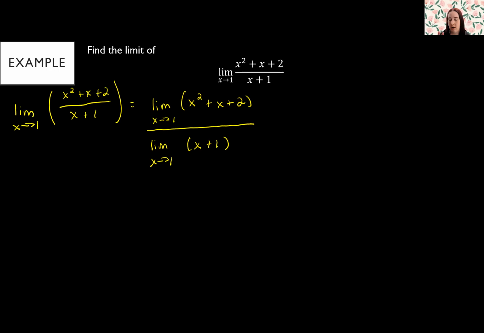So now that we've split this up, we have a polynomial on the top, we have a polynomial on the bottom, and we just found, or basically reinforced, that the limit of a polynomial means you just plug in the numbers. So to actually take the limit of x squared plus x plus 2, you're going to plug in 1 for x because we're interested in the limit as x goes to 1.